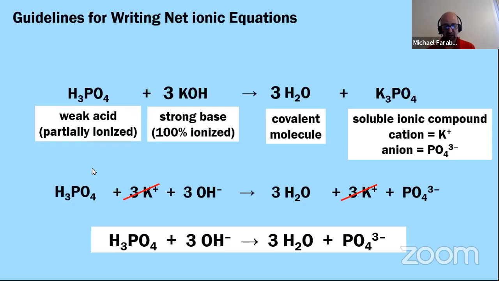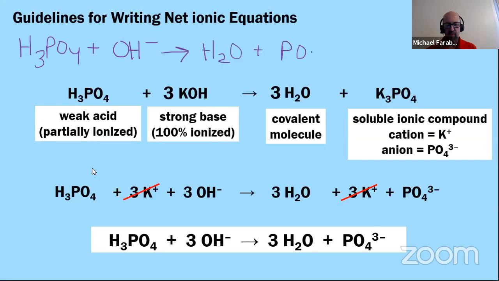So on the AP exam, if you had written, for example, the following: H3PO4 plus OH minus to produce H2O and PO4 3 minus. Take a look at what I have just written and compare that with the information at the bottom of this screen.